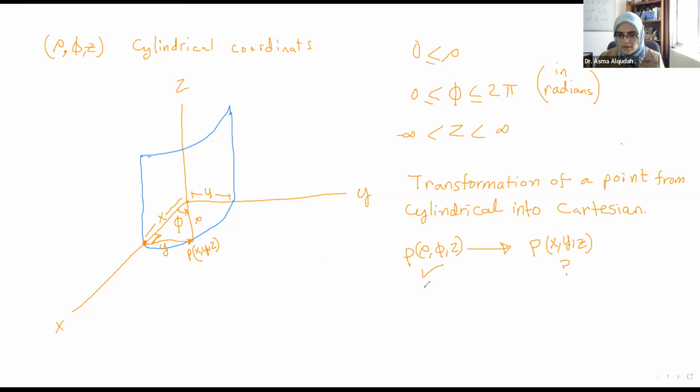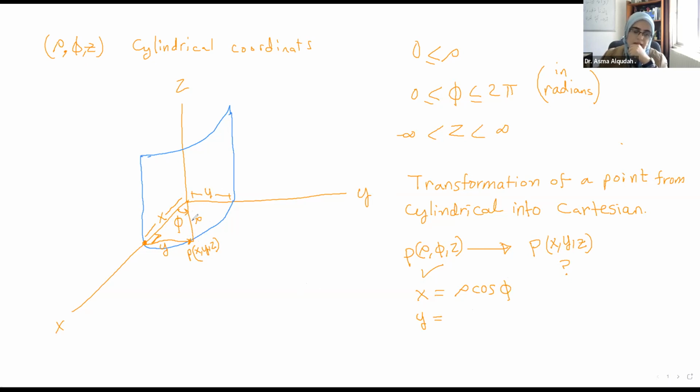We start with X. How do we find X from rho, phi, and z? So rho is known and phi is known. We want to find X. So if we say X is equal to rho cosine phi, we get the X component. And for Y, what's the relation between rho, phi, and Y?